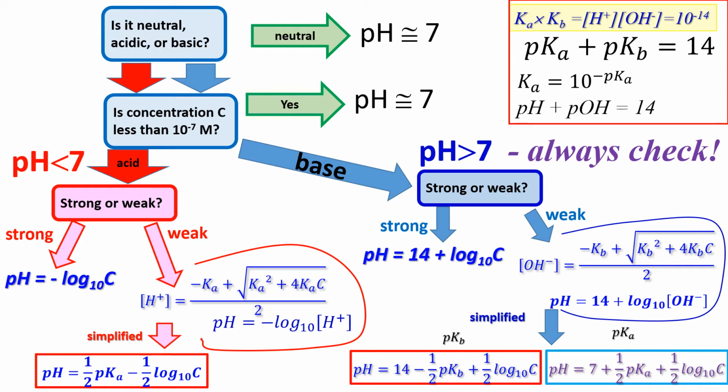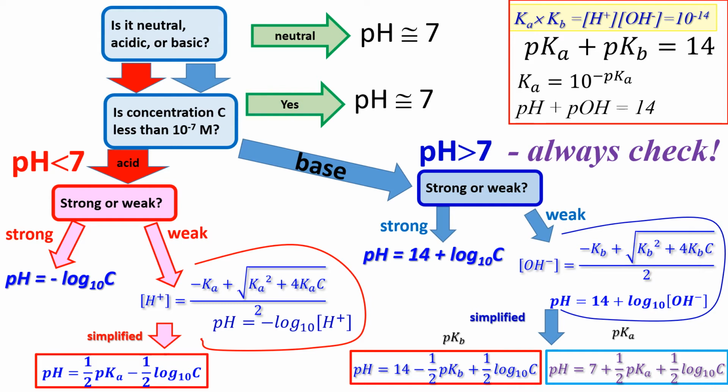In other words, you can say that pKa plus pKb is 14, and pH plus pOH is 14. Now you can always convert Ka to pKa, going back and forth: taking the negative log of Ka gives you pKa, and 10 to the minus pKa will give you Ka. So if you have pKa, you can get Ka.